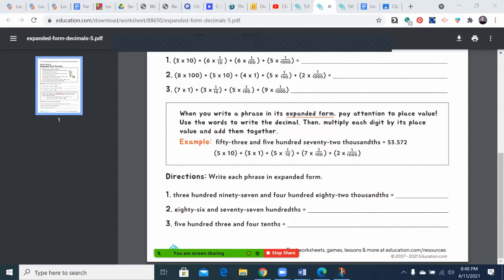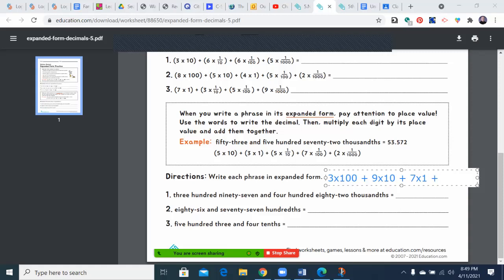So I'm going to put right here 3 times 100 plus 9 times 10 plus 7 times 1. Notice I did not put parentheses around them. I tend to put parentheses only after the decimal point.